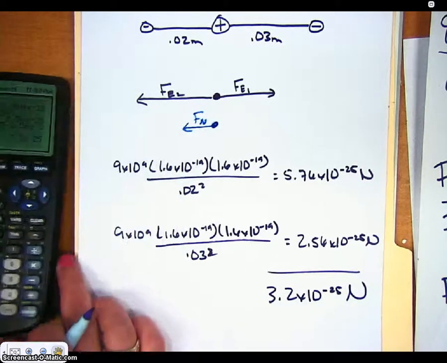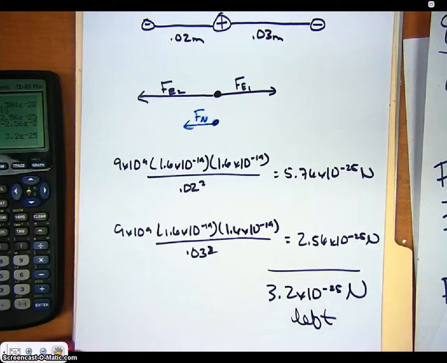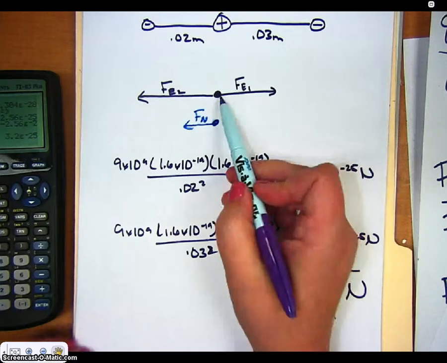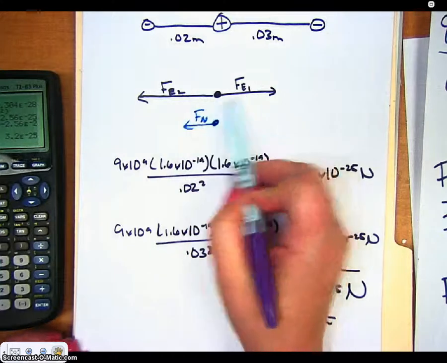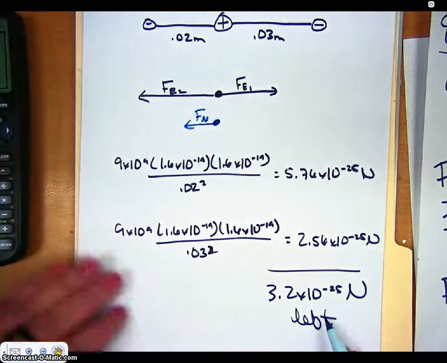All right? And I know that the net direction would be to the left. So just remember that electrical forces are vectors, and so we would have to either add or subtract and be able to draw a free body diagram so we could figure out a net force.